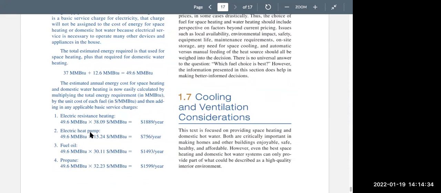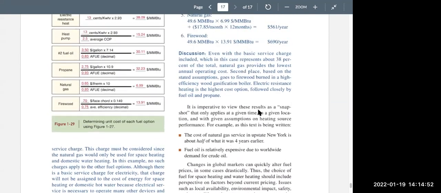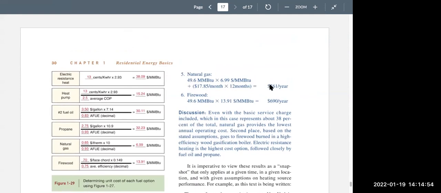If they have a heat pump, they're going to go into this with half that much. So heat pumps are good. Then we have fuel oil being quite high, propane being quite high. We're going to see probably natural gas being the best right there. And that's really cheap for natural gas.